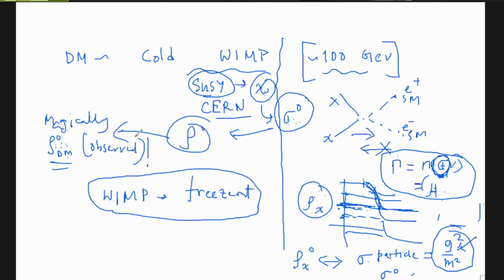Then for the last 30 years, almost 20 experiments started building up to detect this WIMP dark matter, and how they detect, I'm discussing in the next 10 minutes. So is it clear now?